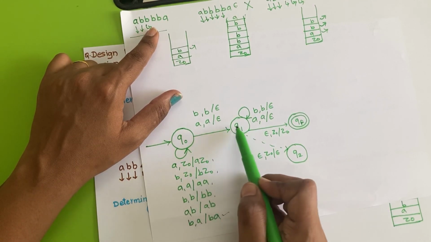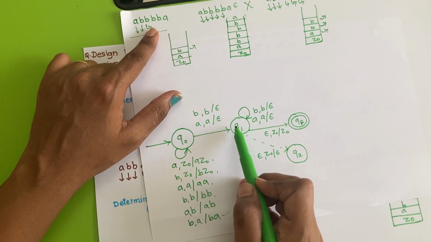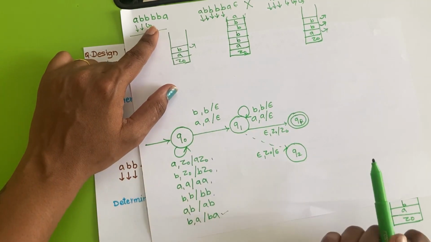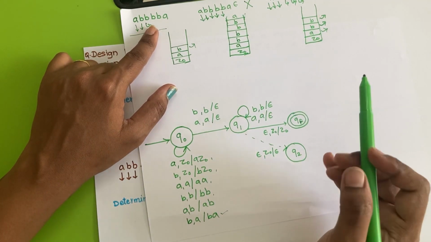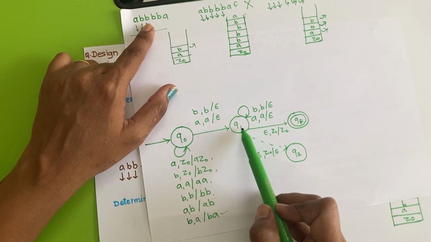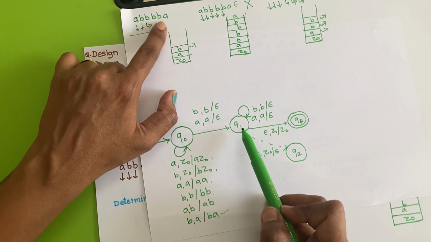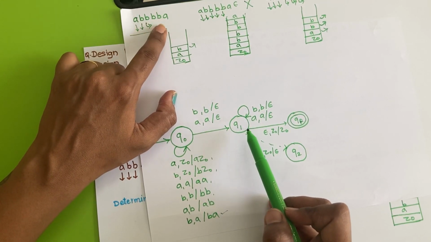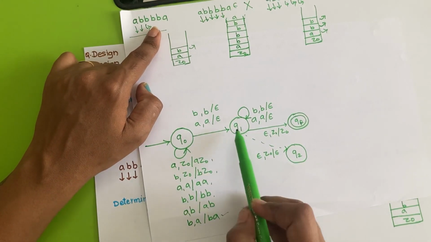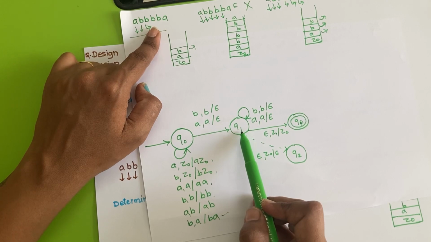We started with performing pop operations, and as we have already discussed, first all push operations will be performed and then we have to perform pop operations. So we will be stuck at state Q1 only, and the remaining string will not be processed this way.